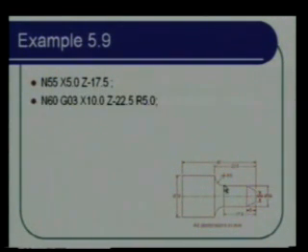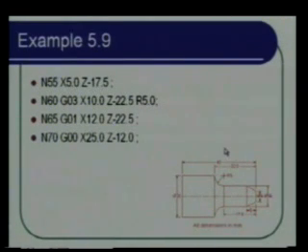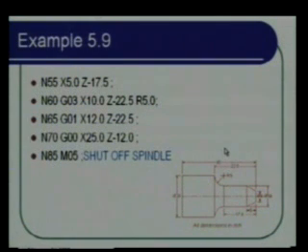Then here it will be counterclockwise direction motion, G03 X10 Z minus 22.5 here with a radius of 5, and then we take Z1 for the purpose of going up to minus 22.5. So it will come to this point, and from there we will retract and then stop the spindle.